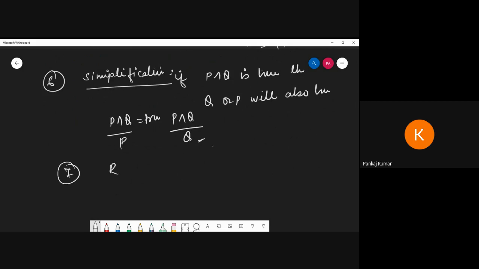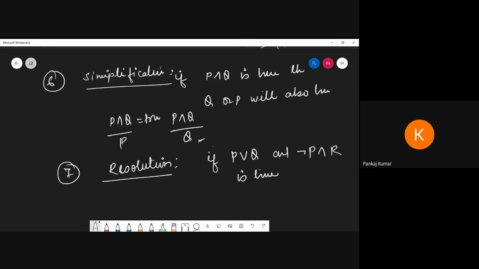Okay, then seventh one you can say the resolution. In resolution, what we have to follow: if P union Q and negation of P intersection R is true, then we have to implement that Q union R will also be true.